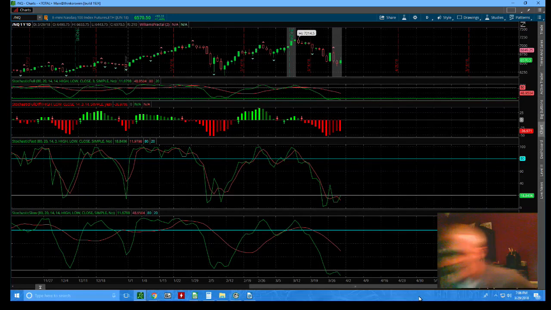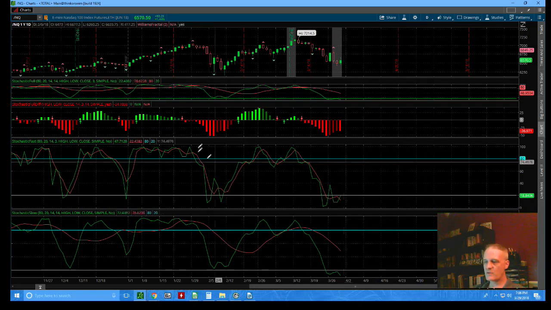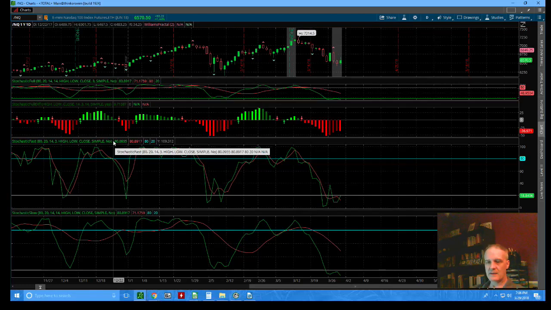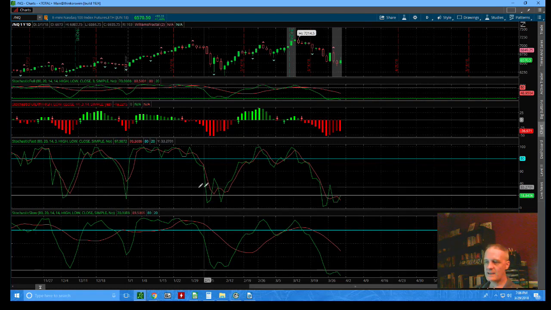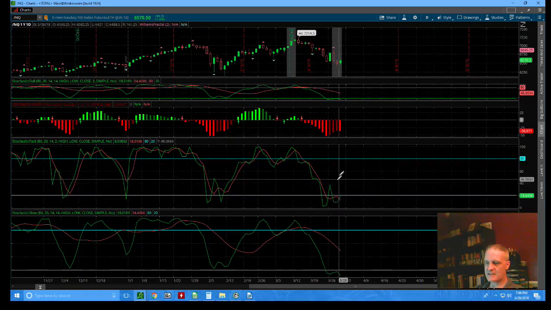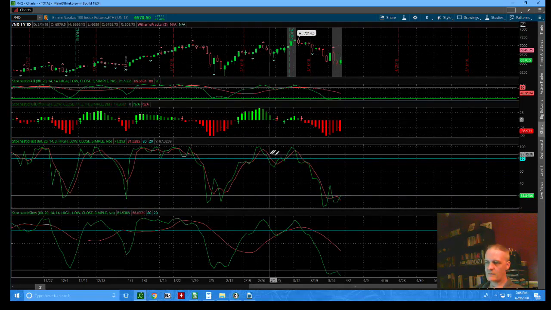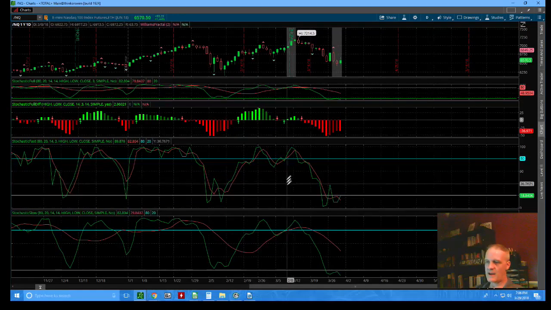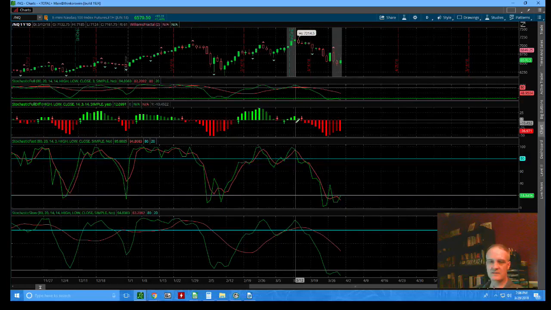So that's the value of the stochastic slow indicator over the stochastic fast indicator: you have a smoothing factor which helps prevent you from getting in and out of trades too quickly. You can see, looking at the plot of the fast stochastic here, how many crossovers there are and how you would get a lot of false signals.